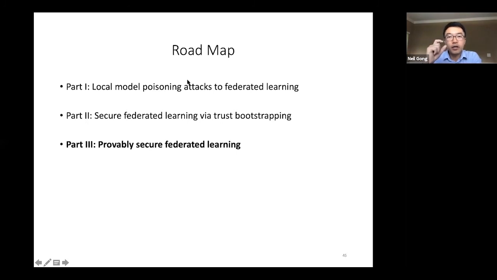One of our design goals is to make sure that our method works as well as FedAvg when there are no attacks. But again, this is based on the assumption that the server's training data set is not too different from the overall training data of the client.